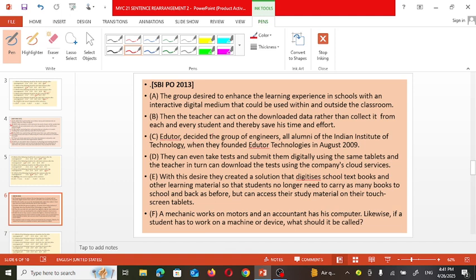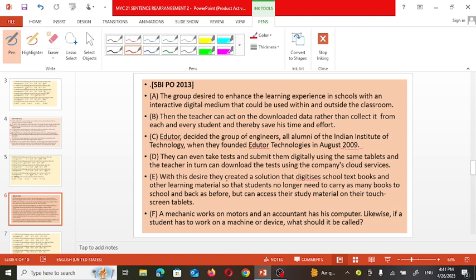Editor means those who are giving education, decided the group of engineers, all alumni of the Indian Institute of Technology. Then they founded Editor Technologies in August 2016, sorry, 2009. Next statement, they can even take tests and submit them digitally using the same tablets, and teachers in turn can download the test using the company's cloud service.